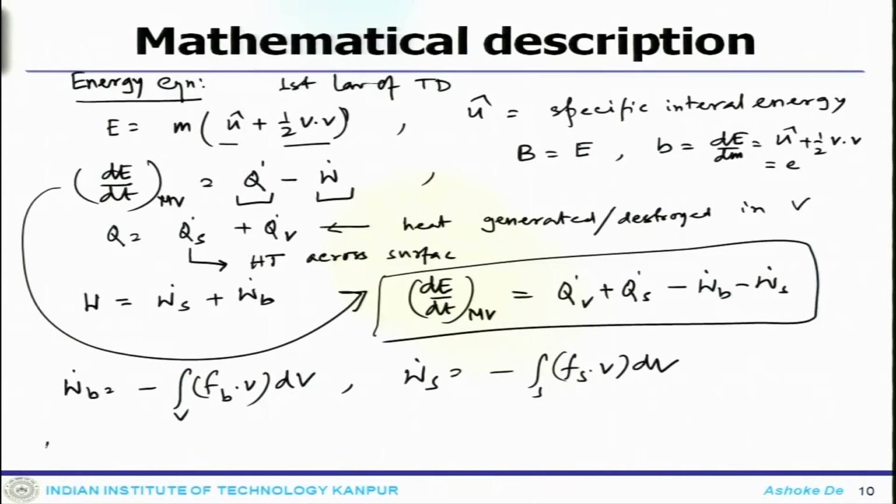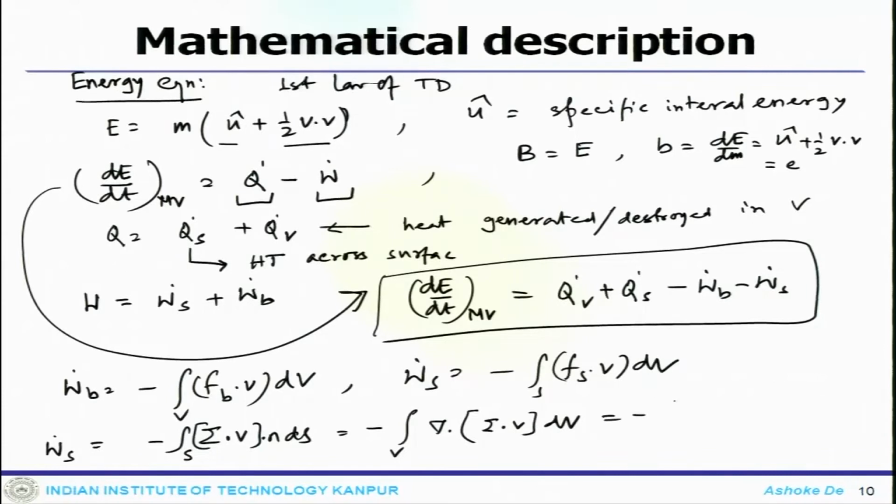So, my W dot S is nothing but the integral of sigma dot V N dS, which over the control volume is del dot sigma dot V dV, which is del dot of minus P I plus tau dot V dV.